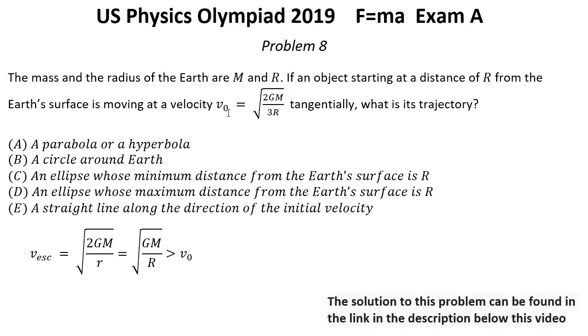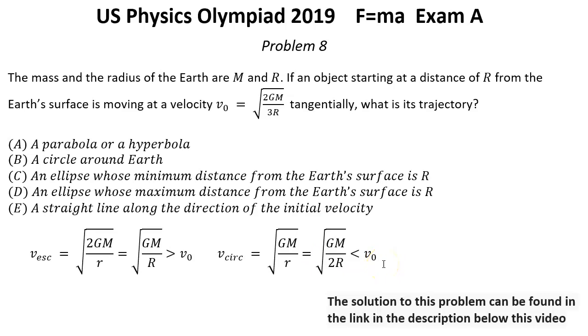But the next step is to compare our velocity v0 with the circular orbit velocity. For circular orbit velocity at a distance small r from Earth, we have the equation that equals the square root of GM over small r, and small r equals big R, and this expression is greater than v0.